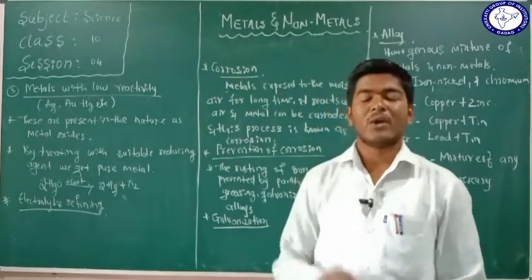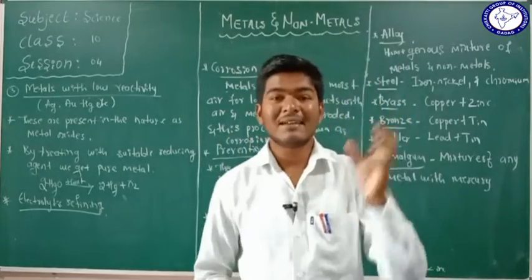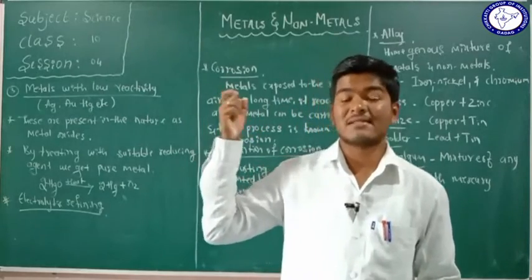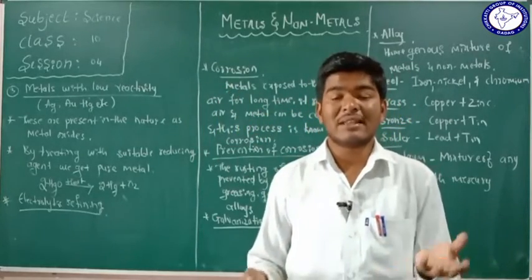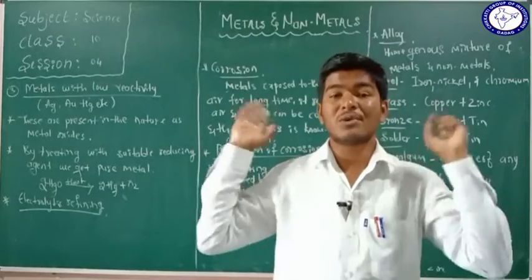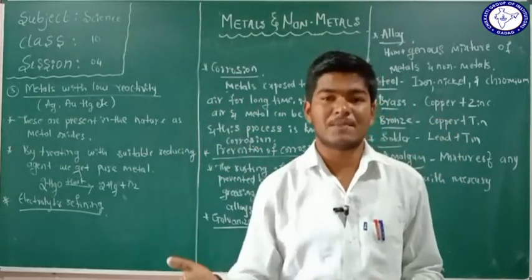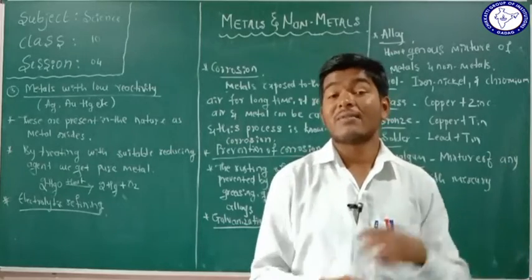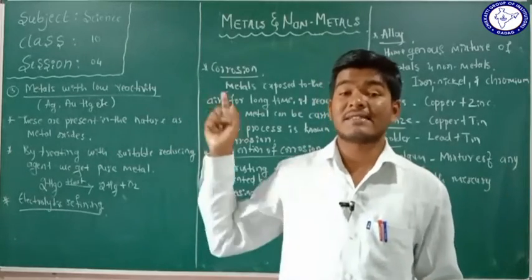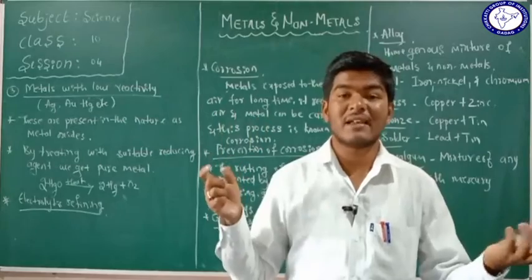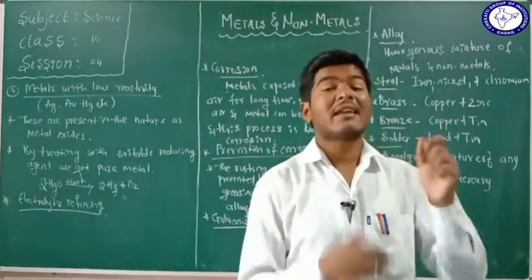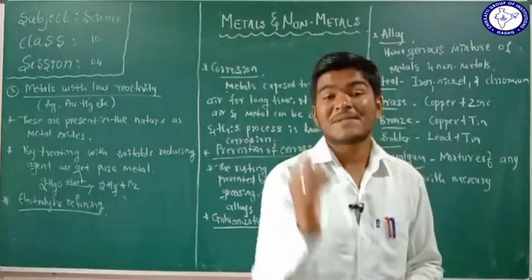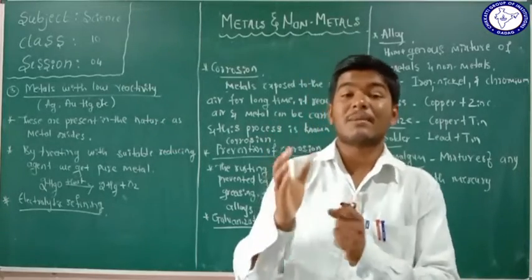For example, when you buy iron rods from shops or enterprises, they have a large amount of iron rods in their shops. But if they keep those iron rods for a long period of time, the rods can get corroded. If they get corroded, the lifespan of that iron material will be decreased.